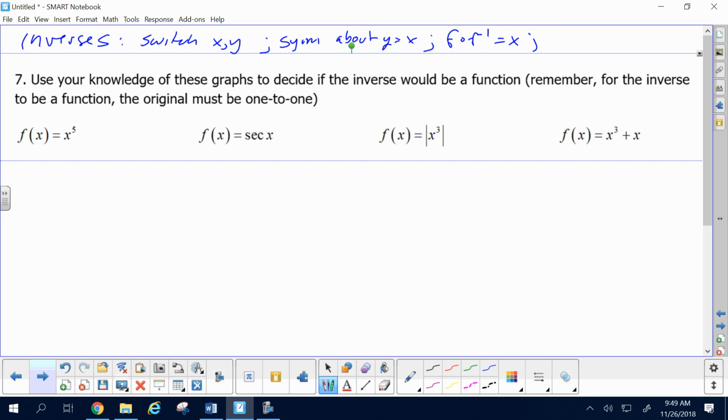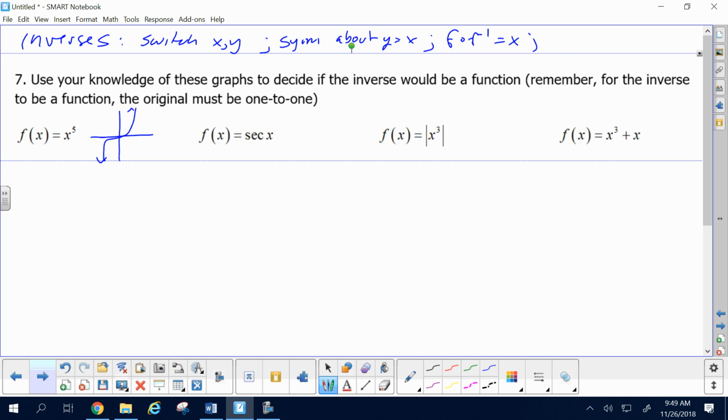So, x to the fifth, for example. Let's show you what I mean here. Use your knowledge of these graphs to decide if the inverse would be a function. If the inverse is going to be a function, the original must be one-to-one. So, do you know what x to the fifth looks like? Looks a lot, or not just like, but a lot like x cubed. It's just steeper growing on the outsides and flatter on the insides.